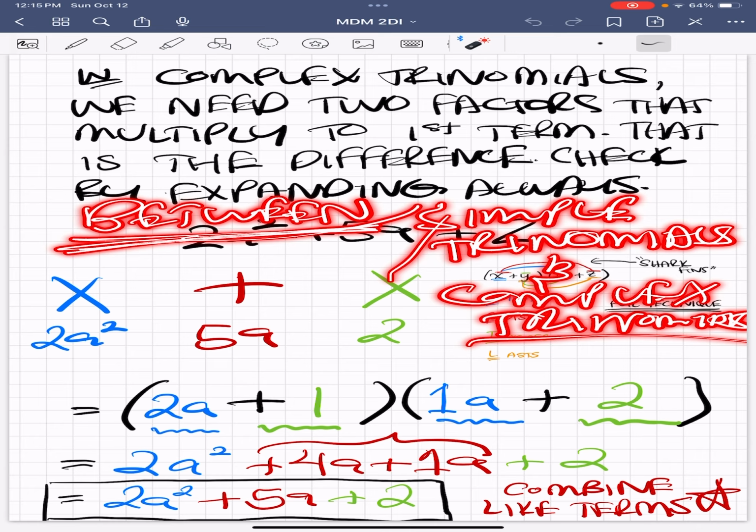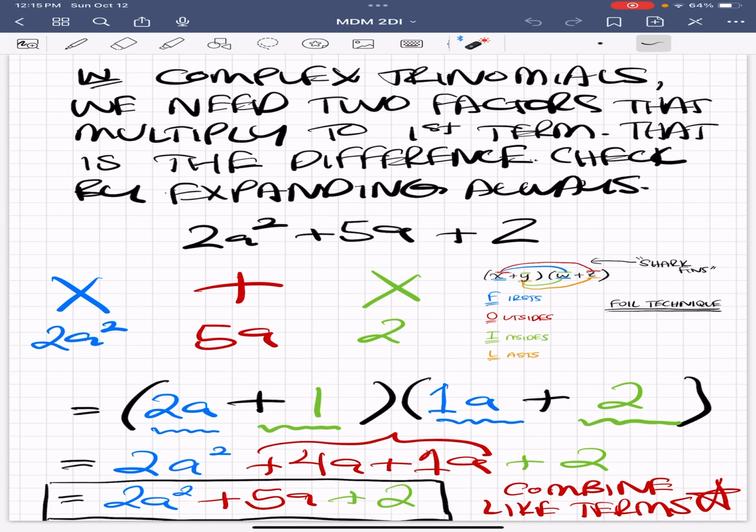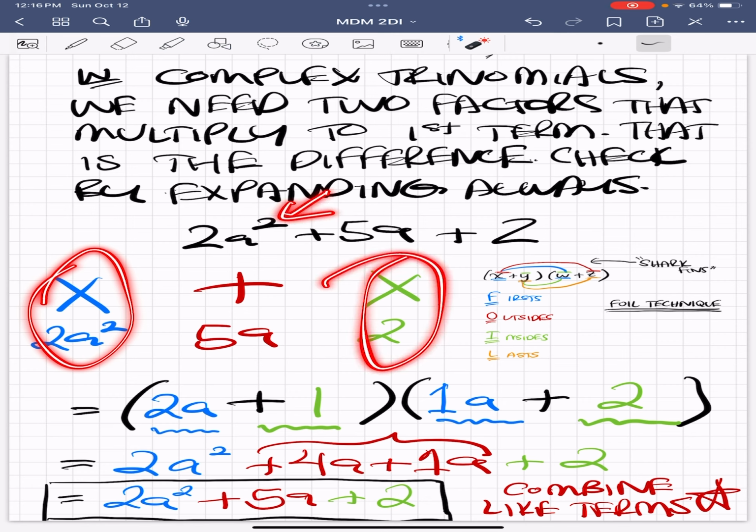Blue is for multiplying to get the first term. Green is to multiply to get the last term. So that is color-coded there.